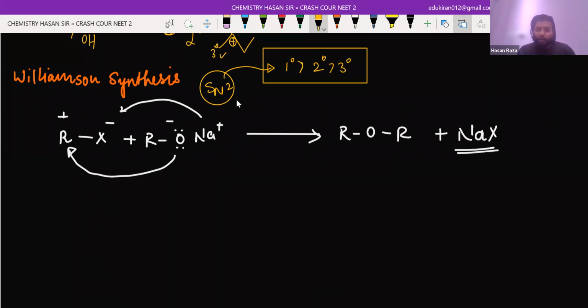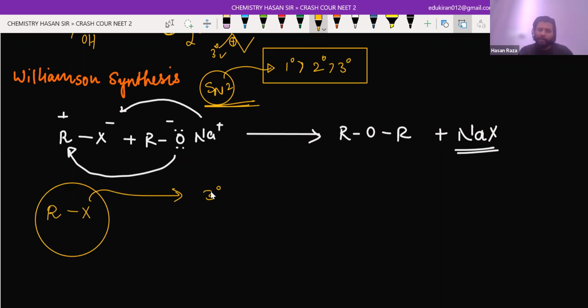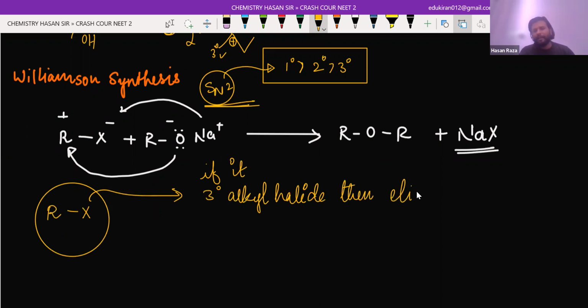Since this is a nucleophilic substitution bimolecular reaction, always remember that this RX, I am only talking about the alkyl halide part, cannot be 3 degree. If it is a 3 degree alkyl halide, then elimination competes over substitution.